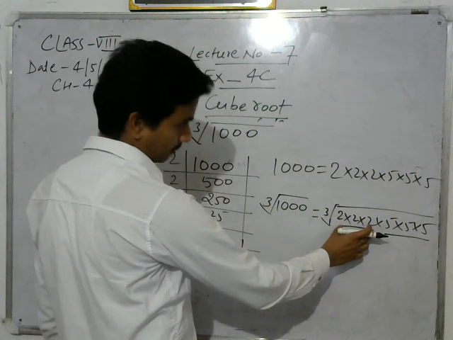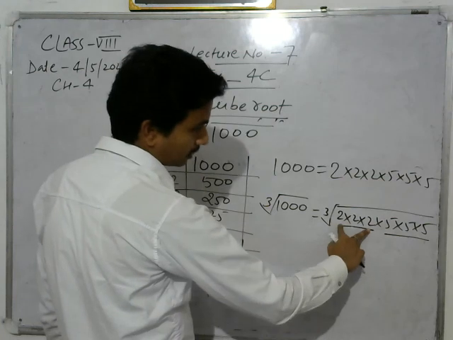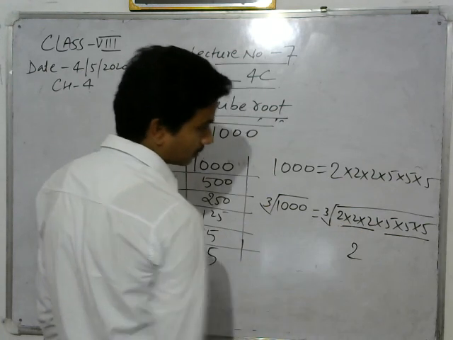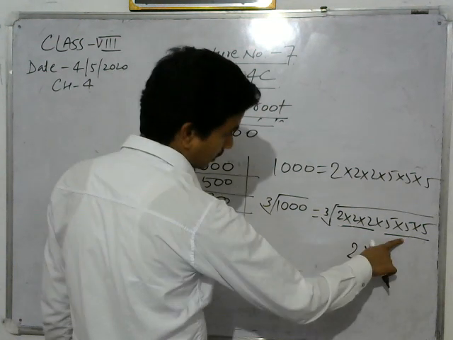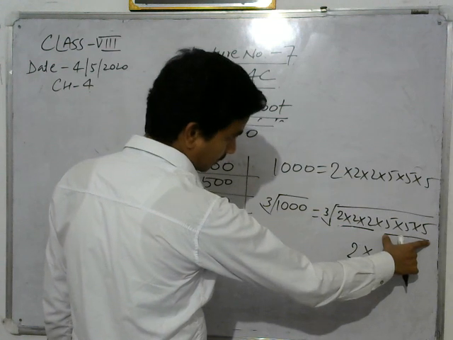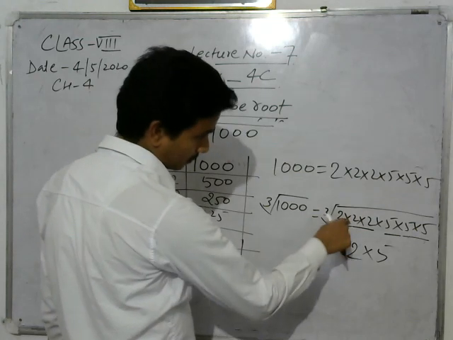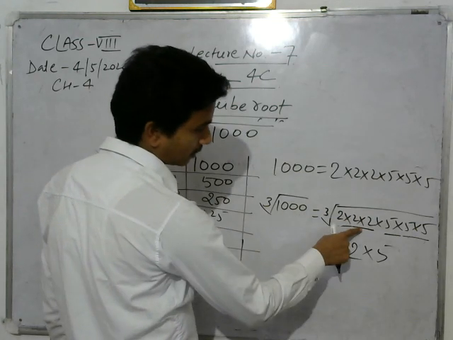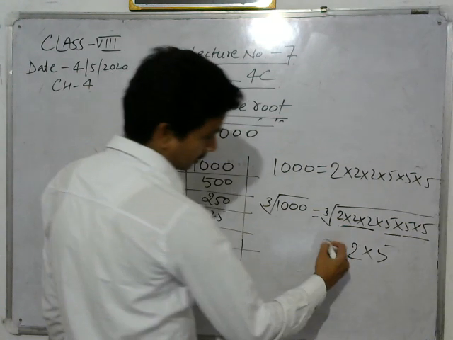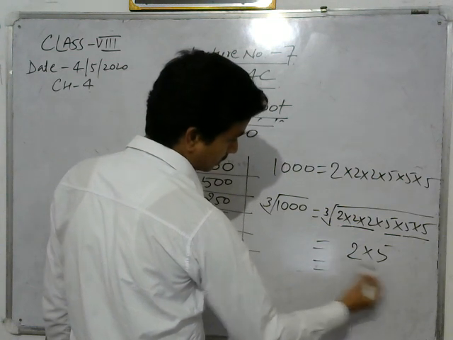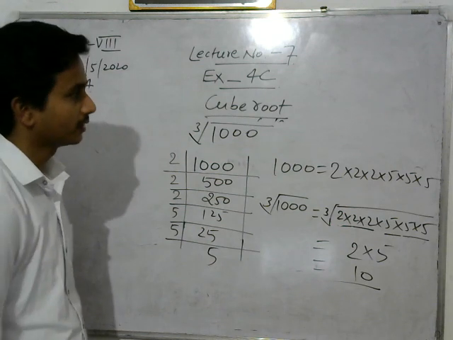From each triplet of equal factors, you have to pick one: out of 3 2s, pick one 2, and out of 3 5s, pick one 5. Just like in square root we pick one out of 2, here out of 3 we pick one factor, and multiply all these factors and you will get the answer. What is the answer? 2 into 5 is 10. So in this way you will calculate the cube root of any given number.